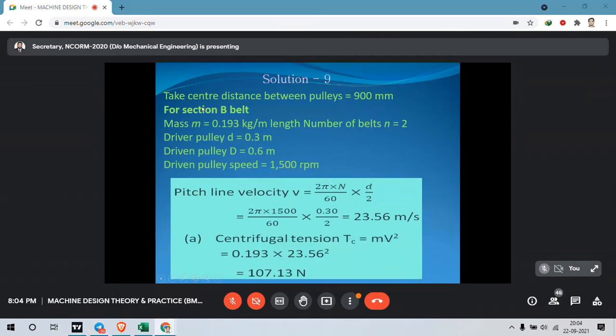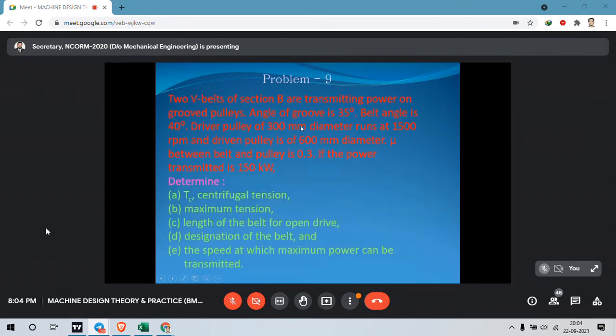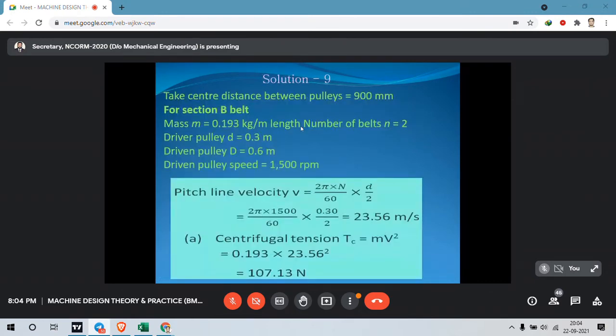One of the values, the center distance, will be chosen as 900 millimeter, and mass per meter, m, is taken as 0.193 kg per meter.